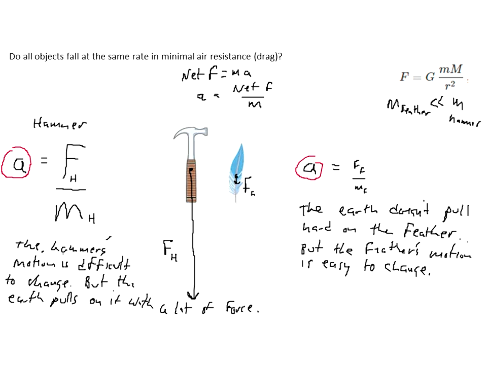The Earth does not pull on all objects the same, but the Earth pulls on the Moon with the same strength force that the Moon pulls on the Earth. Why do objects fall at the same rate? Well, the Earth pulls on them differently, but they have different resistances to motion, different inertias. So big pull by the Earth, big inertia, little pull by the Earth, little inertia, results in the same acceleration.